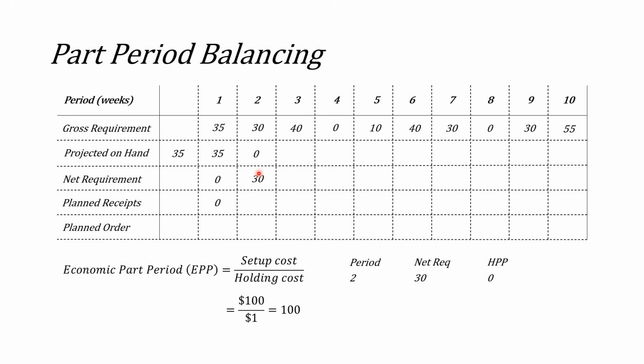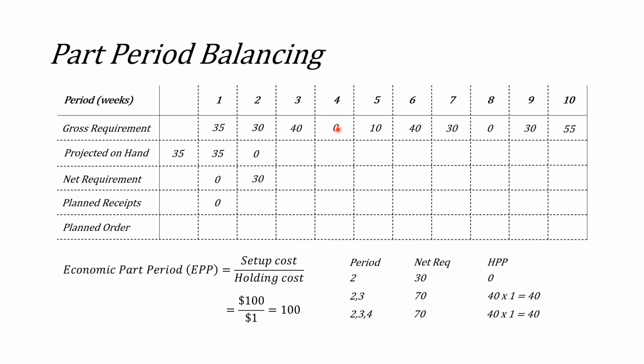If we order for periods 2 and 3, then we need to order 30 plus 40, or 70 units, and we need to store 40 units for 1 period, which means our holding part period is 40 times 1, or 40. If we order for 2, 3, and 4, the net requirement is also 70, because 30 plus 40 plus 0 is 70, and we only need to store 40 units for 1 period, so we get 40 as well.